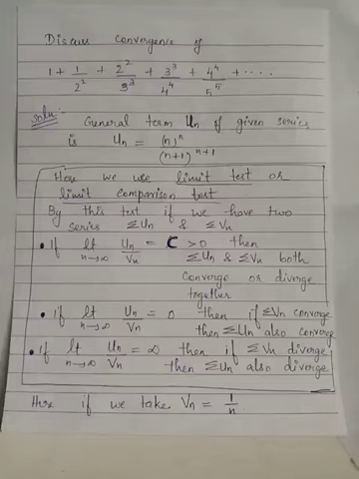Now we have the limit comparison test, which says that if summation un is the given series and summation vn is the familiar series, when you consider the nth term of both the series, nth term of summation un is un, nth term of summation vn is vn.